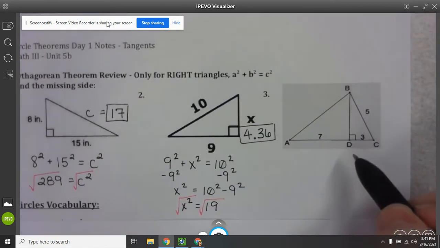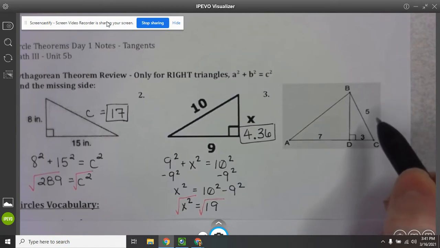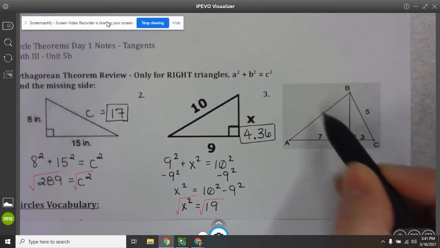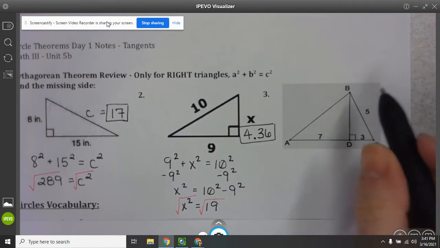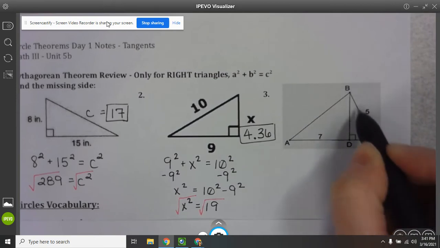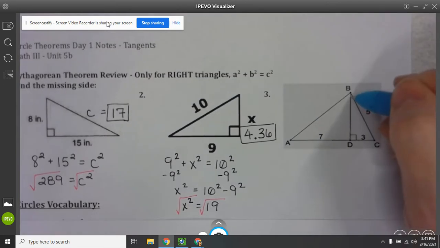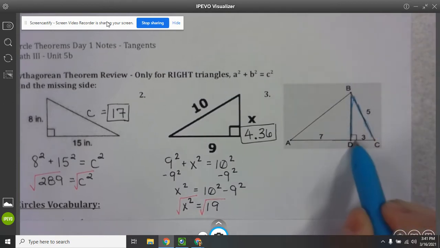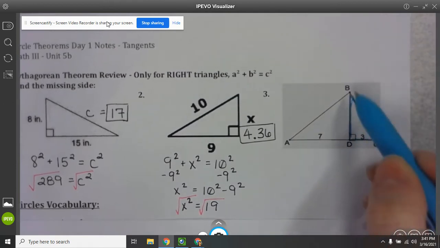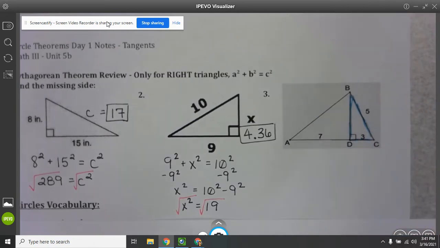Now, with this last one, I have a right triangle here on the right and on the left. So what I'm going to do first is use this triangle here. I'm going to do this triangle first, and I'm going to find this vertical leg.